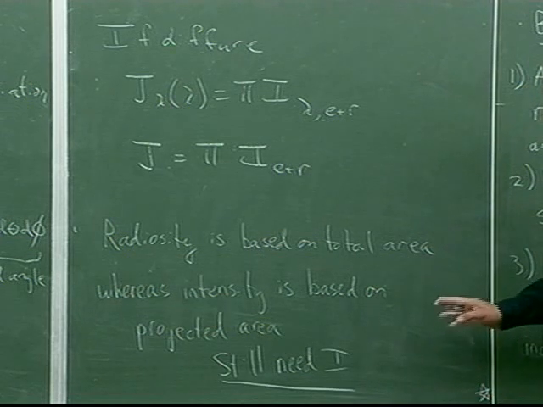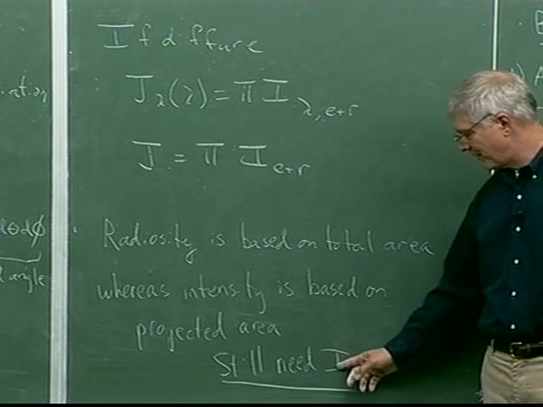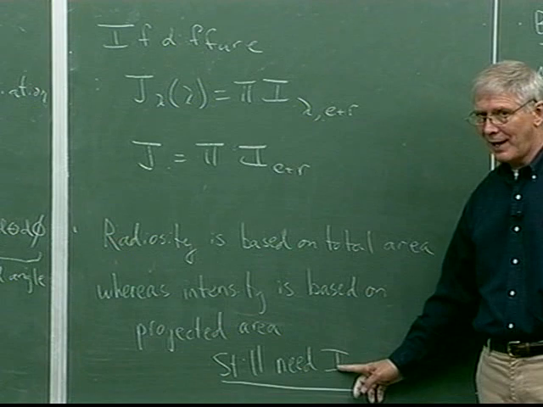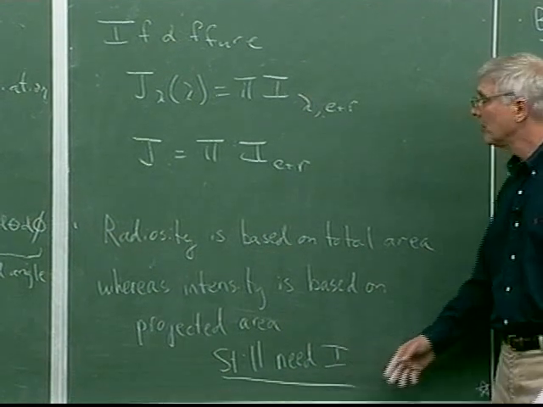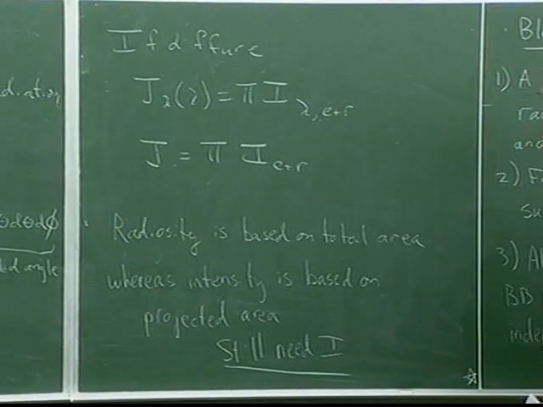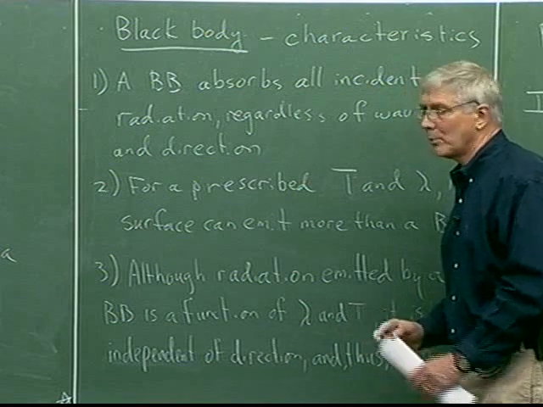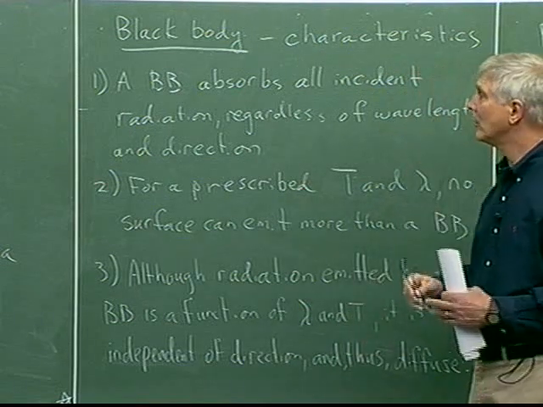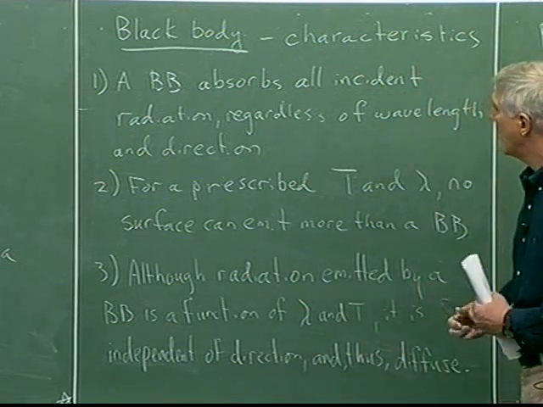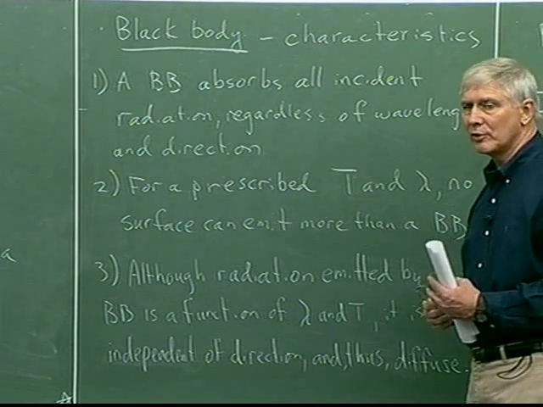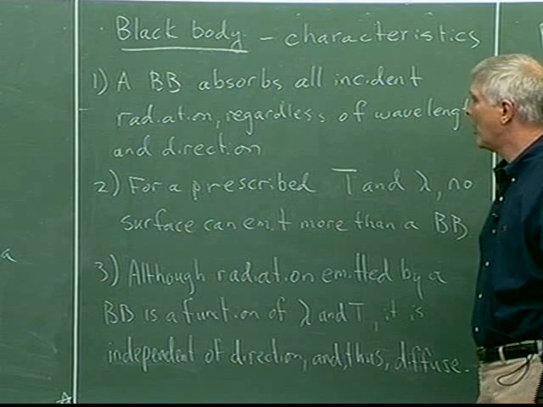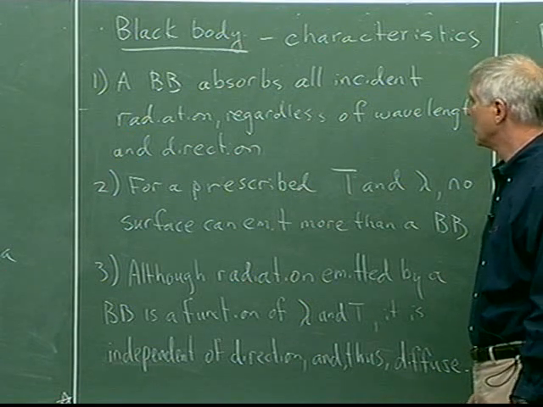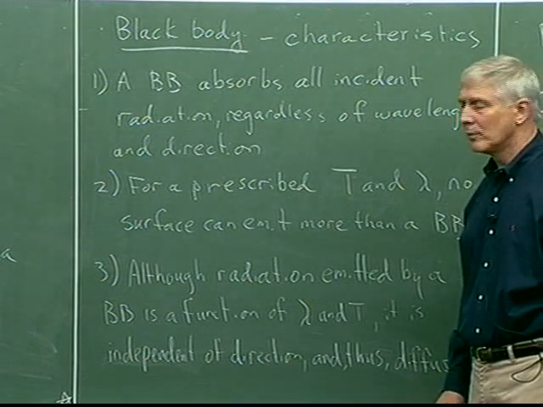But the problem with all of these things we've done so far is we never got the intensity. We need to still get I, otherwise we don't have anything. So we need to find I. That's what we're going to do in the next step, and we're going to introduce the concept of a black body so that we can get the intensity. All right, a black body. First let me go over the characteristics of a black body. Number one, a black body absorbs all incident radiation, regardless of wavelength and direction.